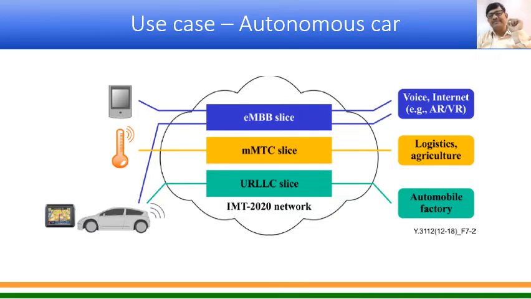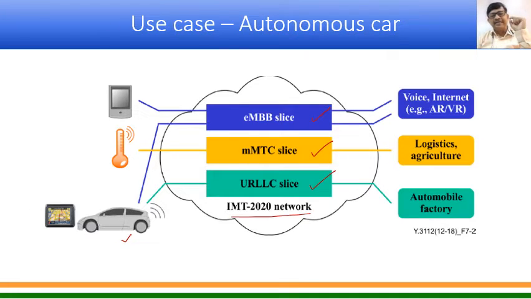There is another use case example given in that document. In this example, what is being shown is that yes, we have three slices: eMBB slice, mMTC slice, and URLLC slice within the IMT-2020 network. But suppose there is a car, and suppose it's a self-driving car, and the automobile company is offering certain more services to this car.